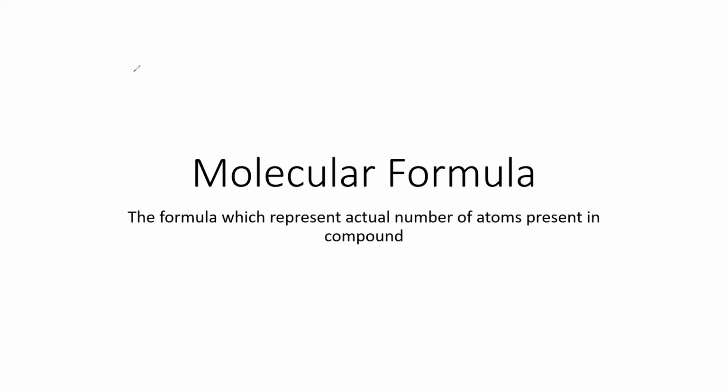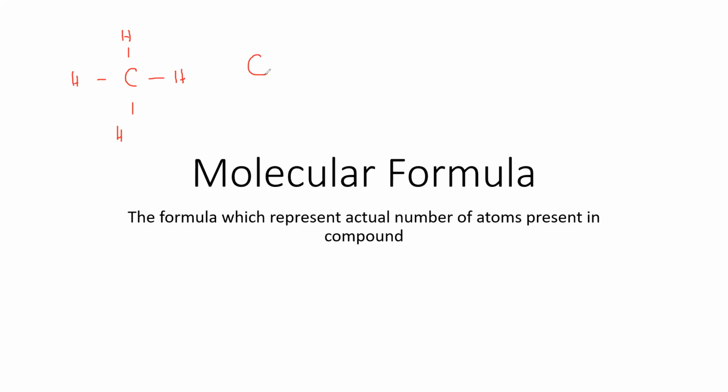Example, if I draw the structure of methane, which is CH4. So, how many carbon atoms are present in this structure? 1. And how many hydrogen atoms are present? Normally we do not write 1, because it is understood from the symbol.